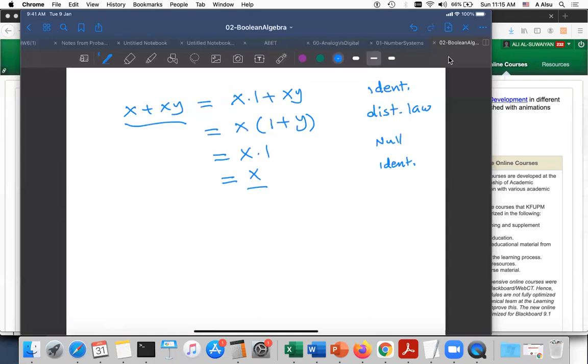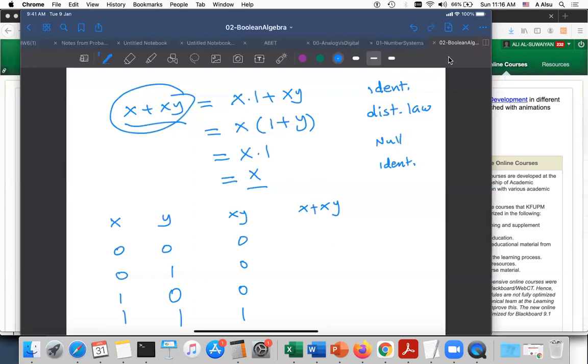You can also see that using the truth table. Let's do the truth table of this expression here: x, y, and then x ORed with xy. So we have 0, 1, 0, 1 and 0, 0, 1, 1. This is going to be 0, 0, 0, 1, and this is going to be 0, 0, 1, 1.